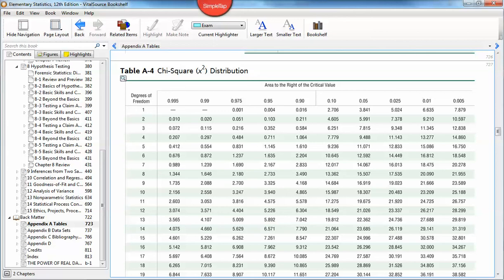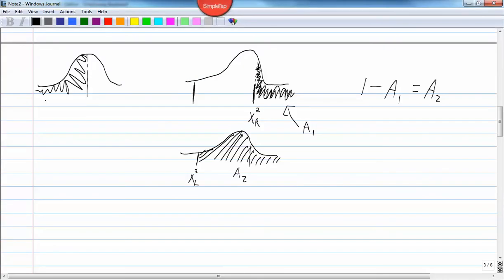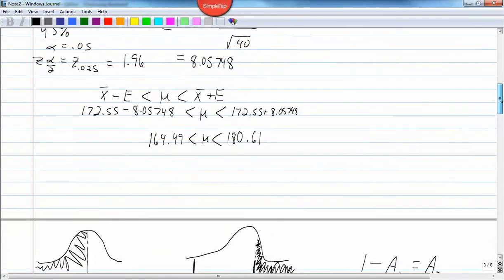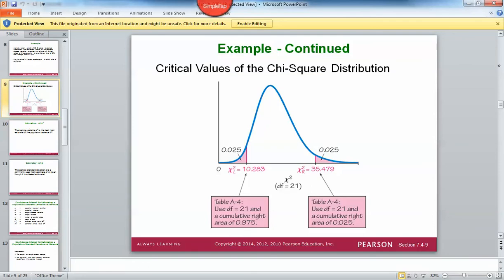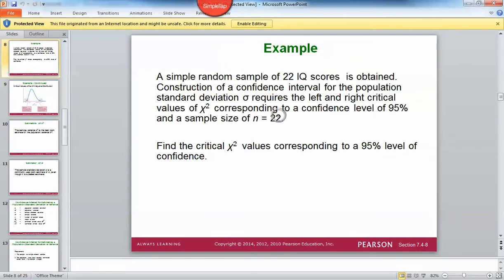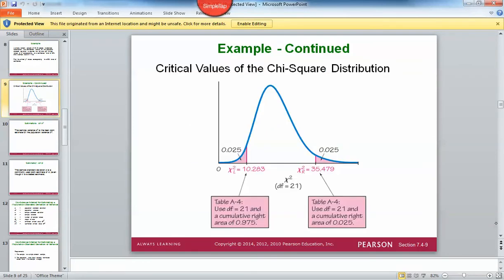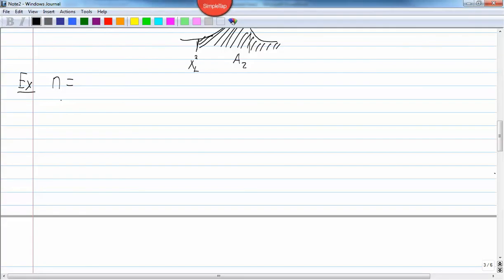So let's look back at ours. So I believe we were told that n equals 22. And we were also able to figure out alpha is 0.05.